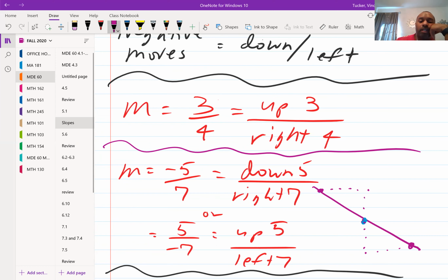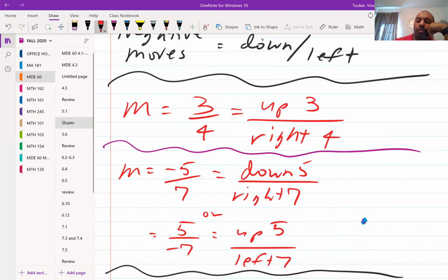Or if you decide to give the negative to the 7 on the bottom, that would be a positive 5 over a negative 7. So I will go up 5, left 7. But either way, you will get the same result. Let's say I'm looking at this right here, and basically we're going to have a point.